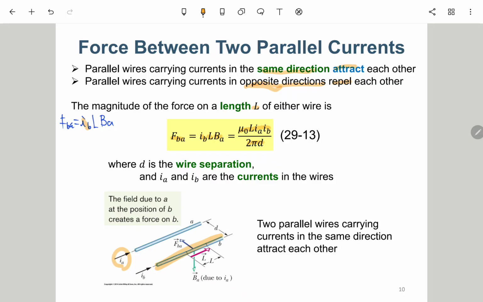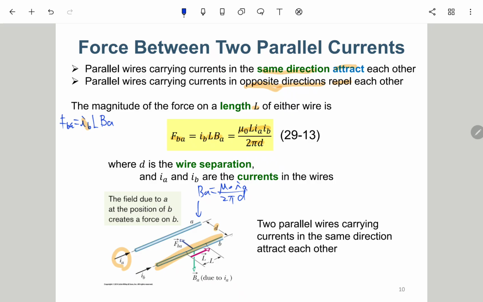Of course, the wire B will also generate a B field. Here we suppose both are infinitely long wires. In that case, BA will be mu 0 I over 2 pi d, where the distance between them is small d, and the current should be IA.